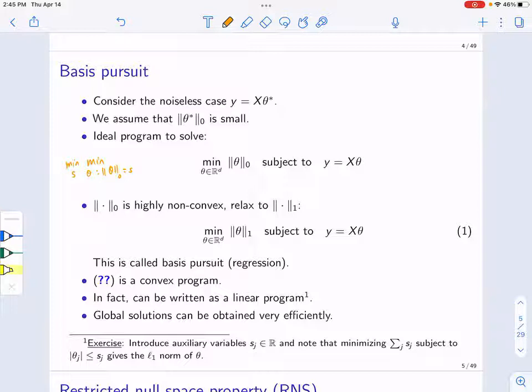You start from the smallest S. Let's say S is 0, which is just the zero vector. The zero vector is usually not going to solve this. So you go to S equal to 1. Among all the vectors that have exactly one non-zero element, you have to solve D problems.